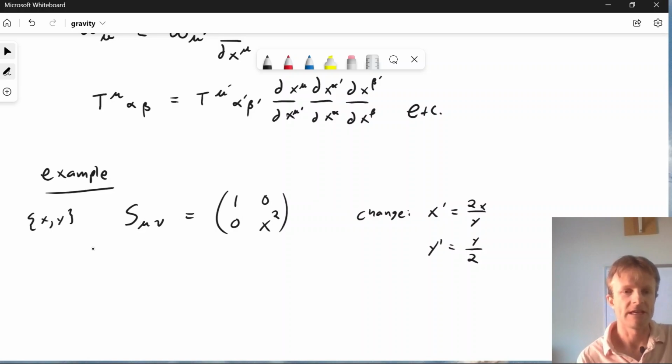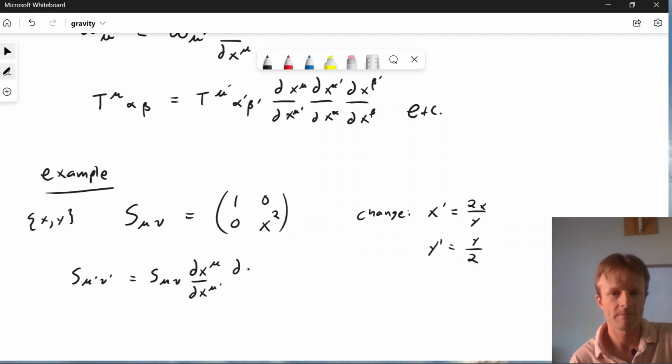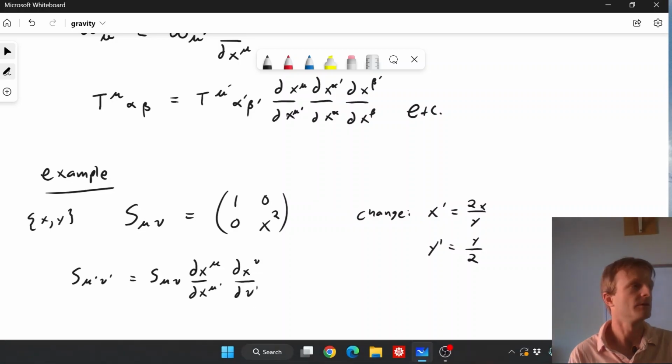So I want to get S mu prime nu prime. So I'm going to write it out. The only way the notation allows me is with an upper mu, lower mu prime, upper nu, lower nu prime.